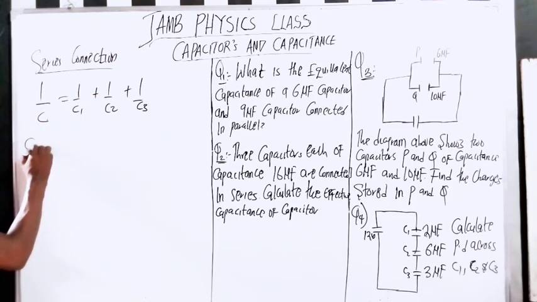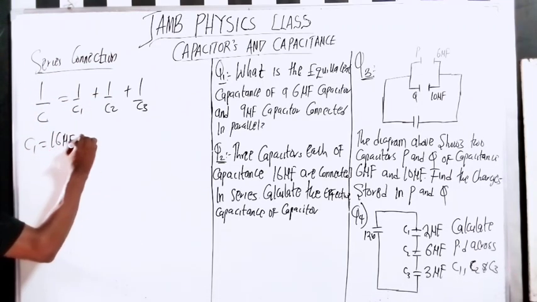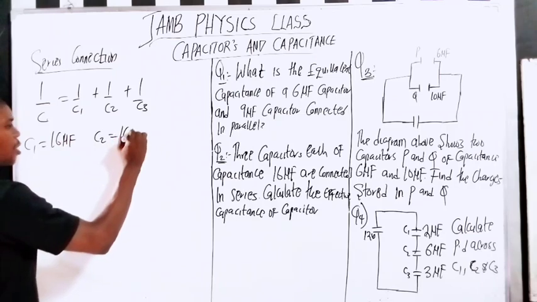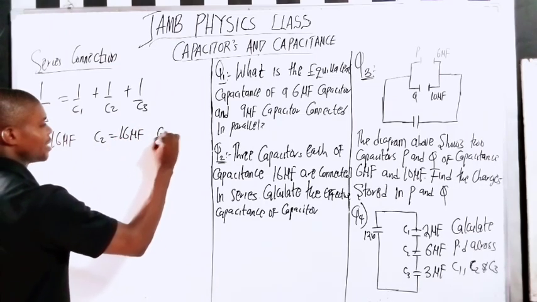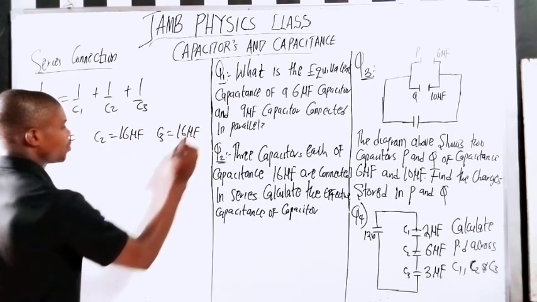So my C1 is 16 microfarad. My C2 is 16 microfarad. My C3 is 16 microfarad. Do you understand?